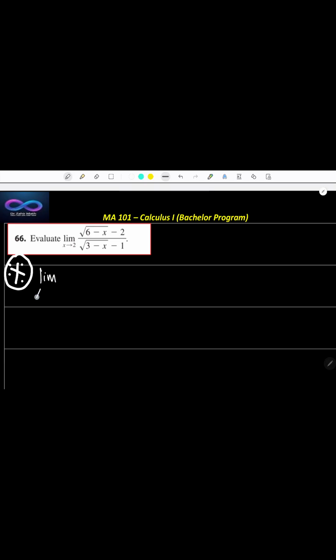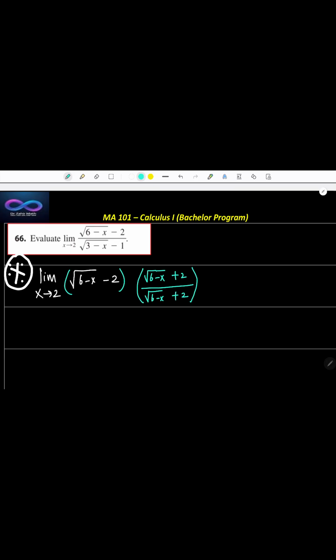The limit as x goes to 2 of (square root of 6 minus x minus 2). For this one, what I'm going to do is multiply the numerator by square root of 6 minus x plus 2, divided by square root of 6 minus x plus 2. Clear, everybody? Clear? Right.